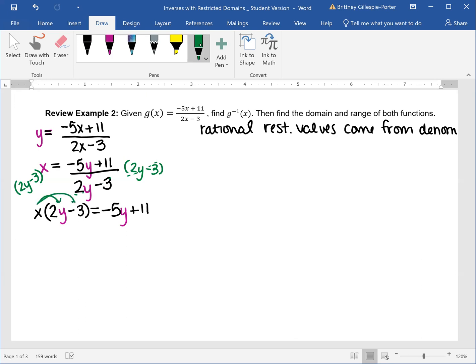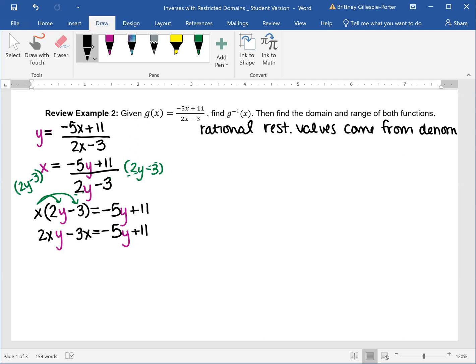So we're going to distribute our x all the way through our parentheses. So x times 2y gets us 2xy. X times negative 3 gets us negative 3x. We have negative 5y plus 11.